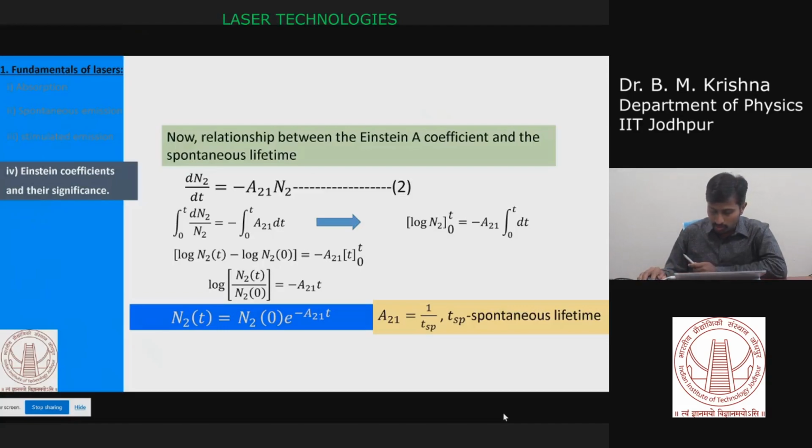Here A21 is the inverse of the spontaneous lifetime. To balance the exponential term, it has to have inverse time units, so that gives you the spontaneous lifetime of the excited state.